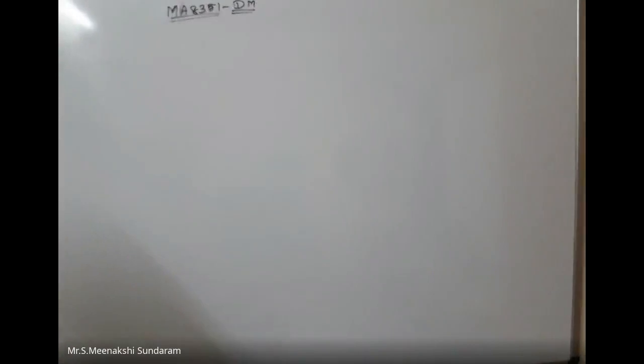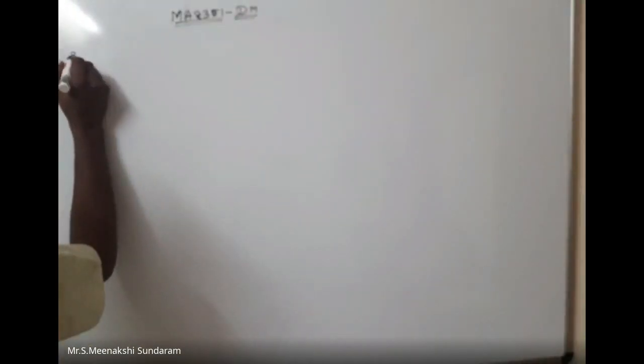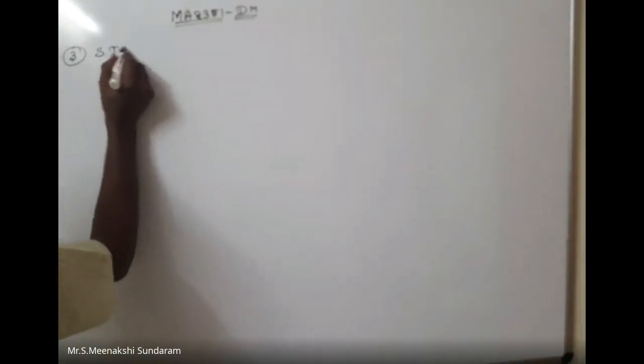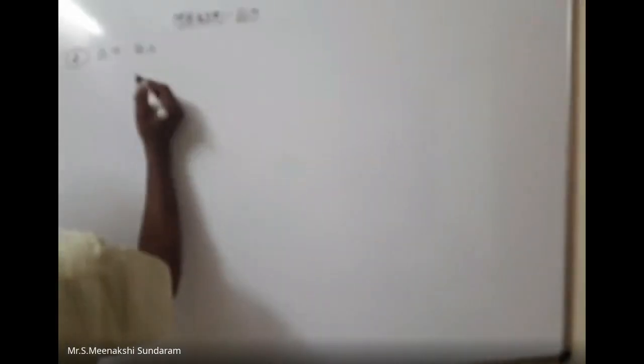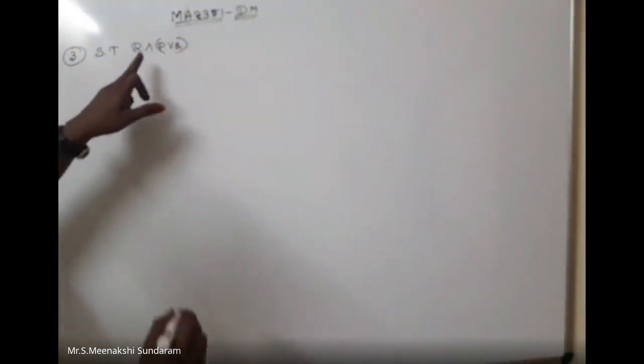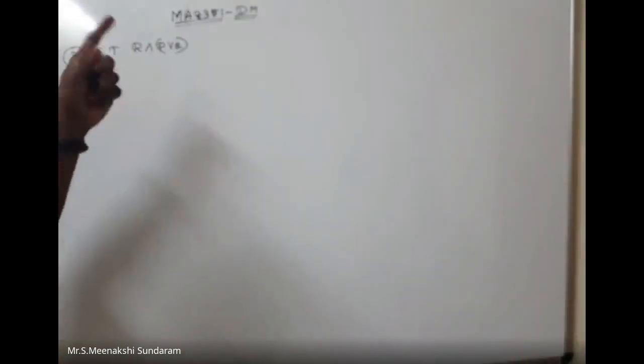Now the fourth one. Show that R conjunction P disjunction Q is a valid conclusion from the premises. This is the conclusion, a conditional, so you can apply rule CP.